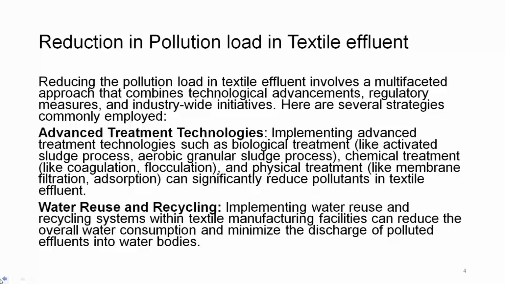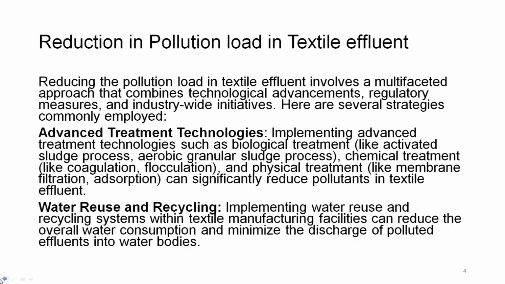It could seem to be repetitive, but it is for the emphasis that these are the culprits for pollution load. So, how do we reduce the pollution load in textile effluent? Now, that is the main issue.